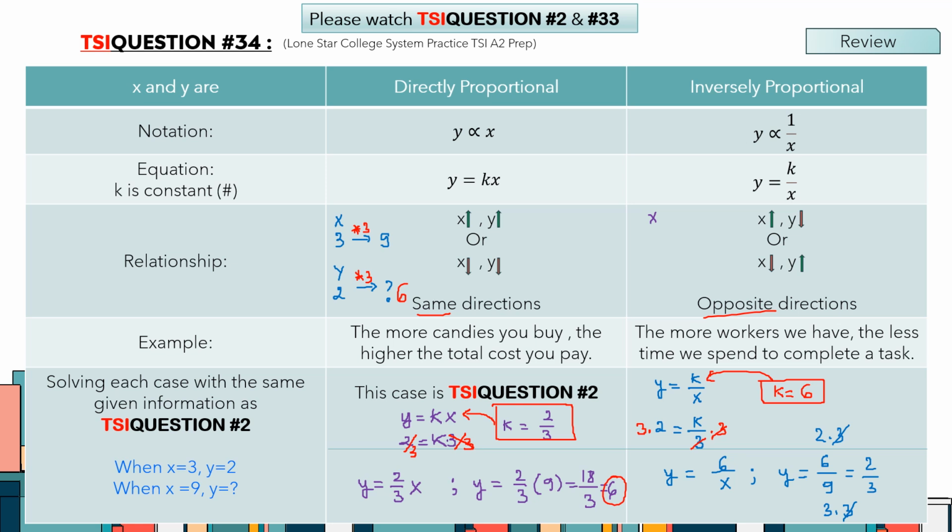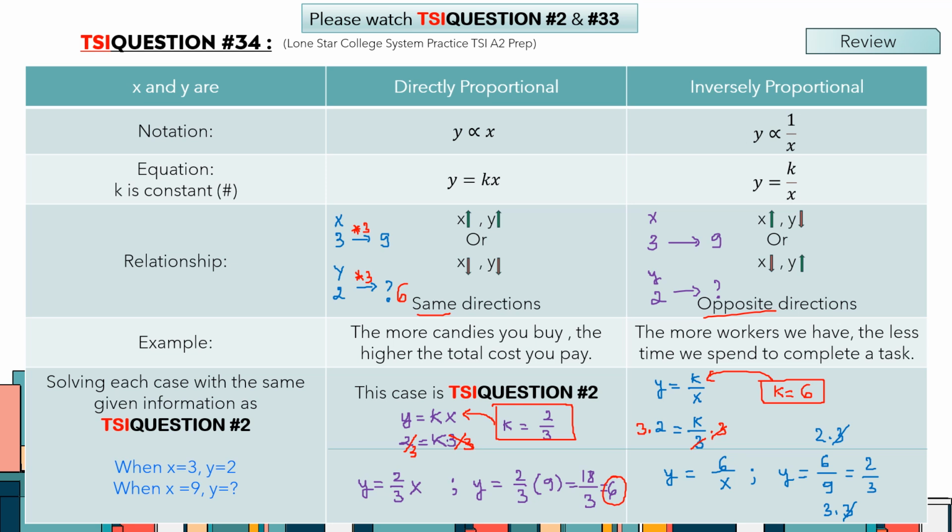And then for y, it's 2, and it will go to what number? We know that if x is increasing, and from 3 to 9 it is increasing, then y has to be decreasing.